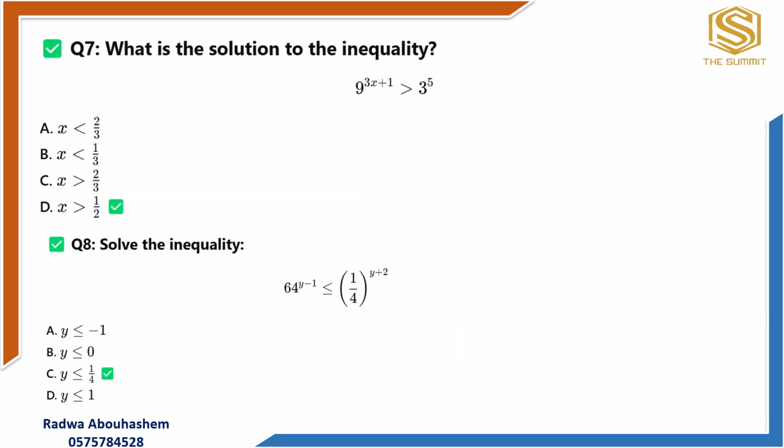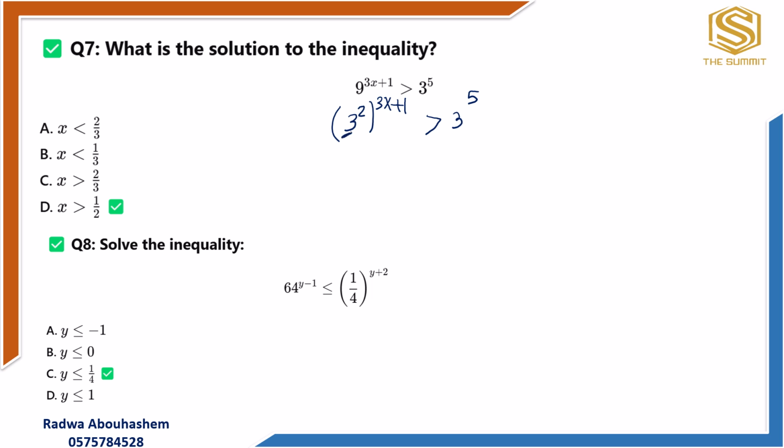What is the solution to the inequality? Again, we agreed if we have an equation or inequality regarding the exponents or powers, you have to make sure that the base is the same. So here this would be 3 to the power 2, to the power 3x plus 1, greater than 3 to the power 5. Then we have to check if we're going to change the sign of the inequality or not.